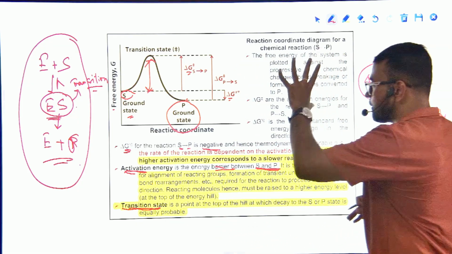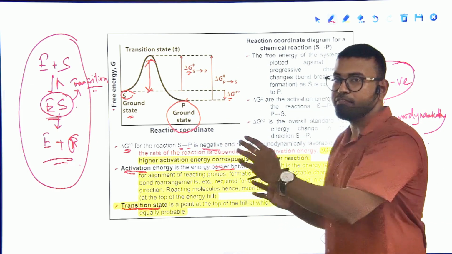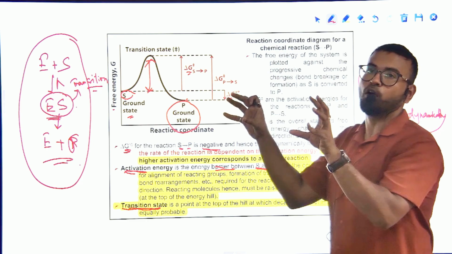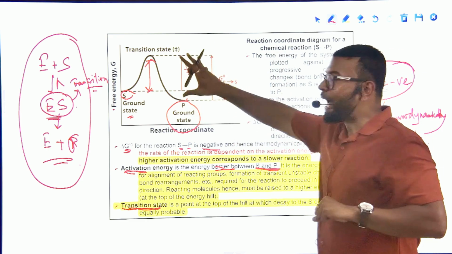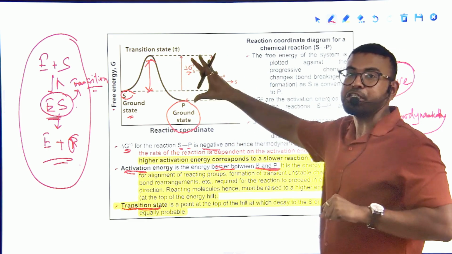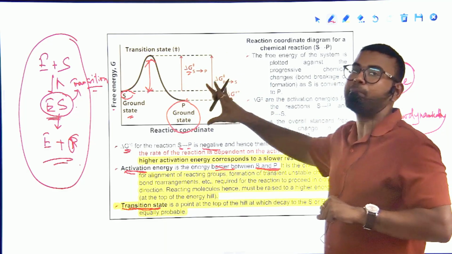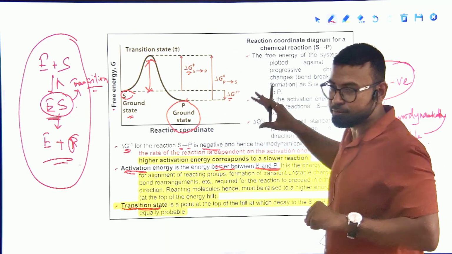So this is the basic concept of any kind of reaction where a substrate is converting into product. Here we haven't shown the application of any kind of enzyme yet.